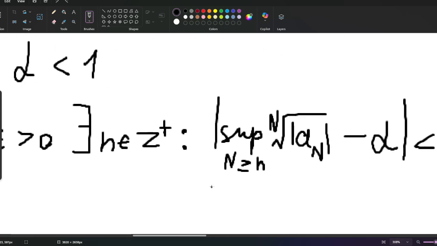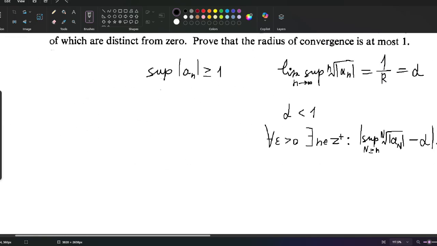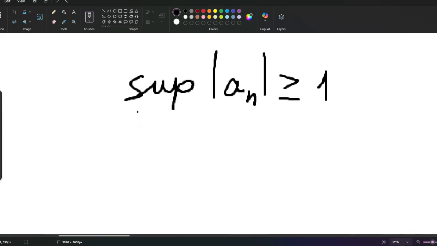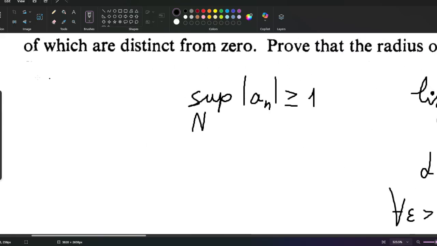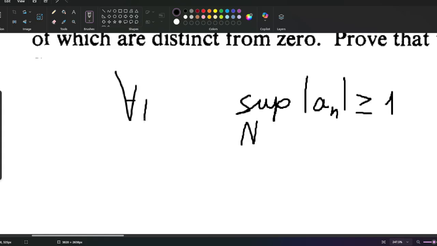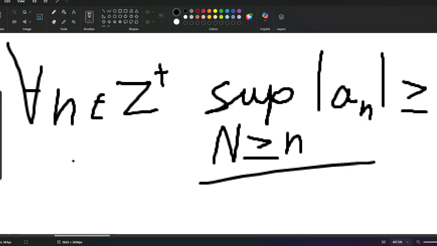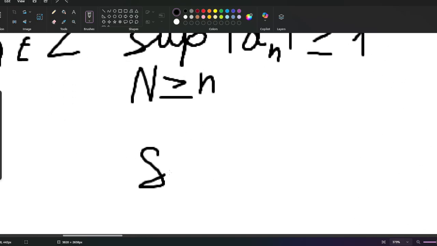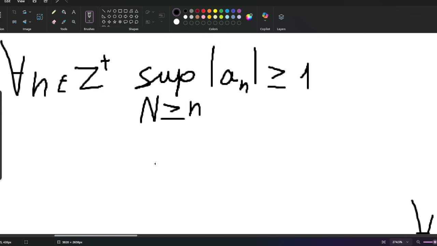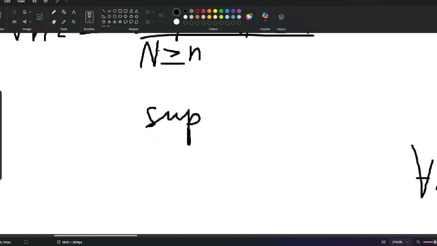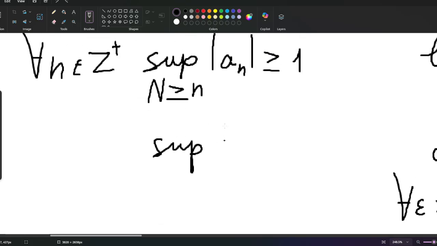Now we're looking into a different supremum, just like this, and we could say for sure that this applies for every positive integer, and we could start with capital N greater than or equal to n. This isn't a problem because there's an infinite amount of a_n satisfying this inequality.